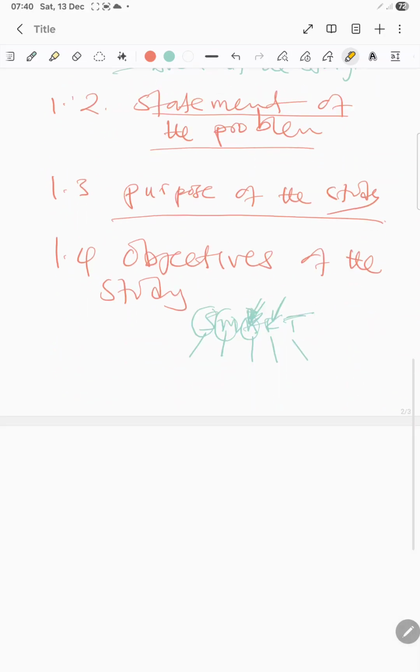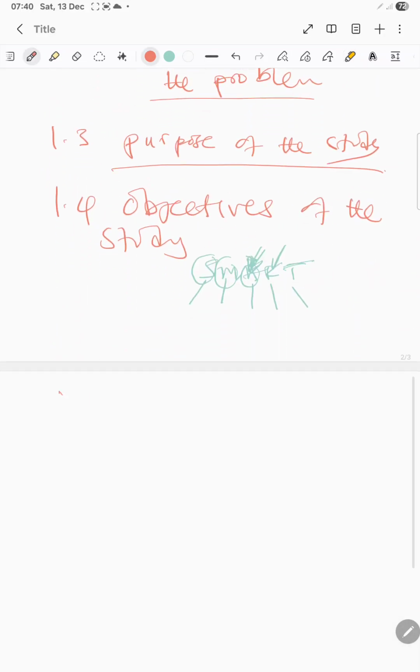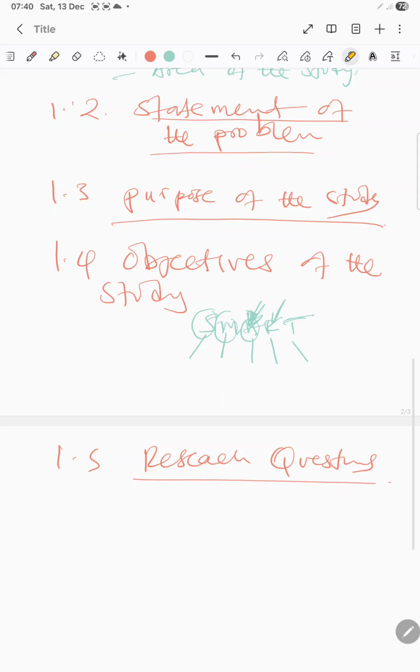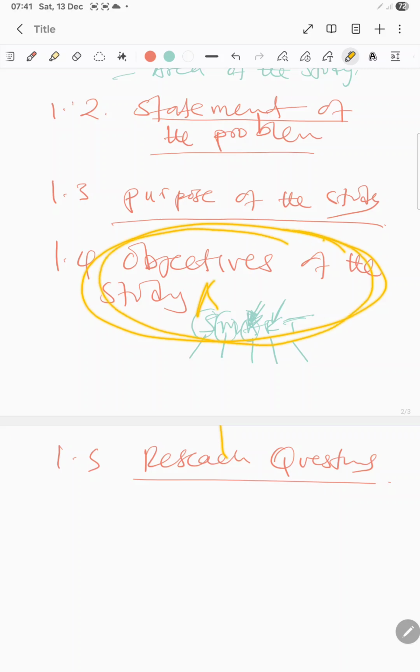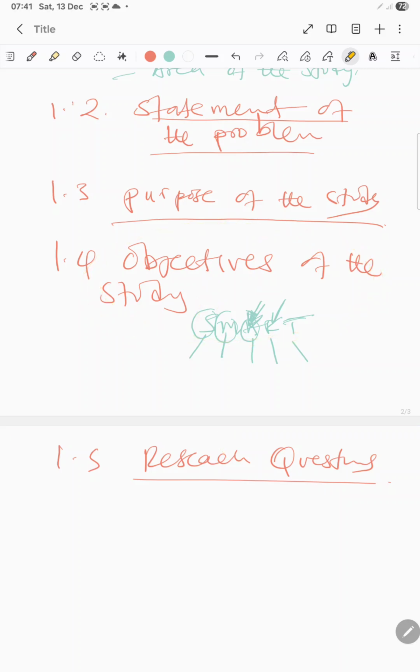Apart from the objectives of the study, we have what we call 1.5, which is the research questions. Now, what are these research questions? Research questions are simply just the objectives in question form. So if you write these objectives in question form, then these objectives become research questions.